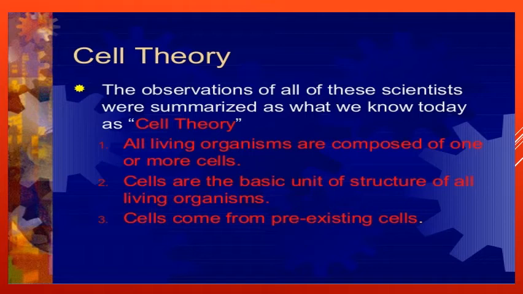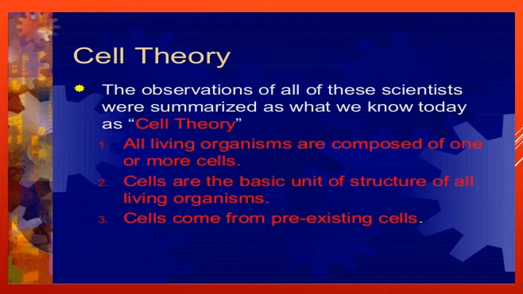So now we can summarize and tell what the cell theory is. First point of the cell theory: all living organisms, whether they are plant or animal, are composed of one or more cells. If they are unicellular, the body is composed of one cell, and if they are multicellular, their body is composed of many cells.